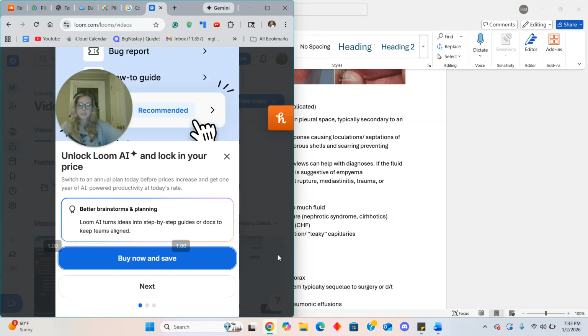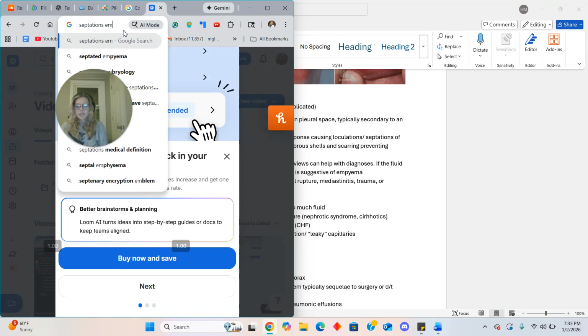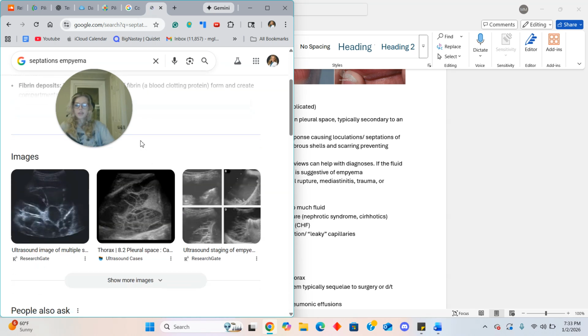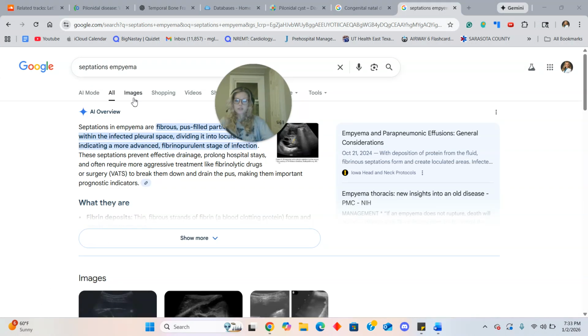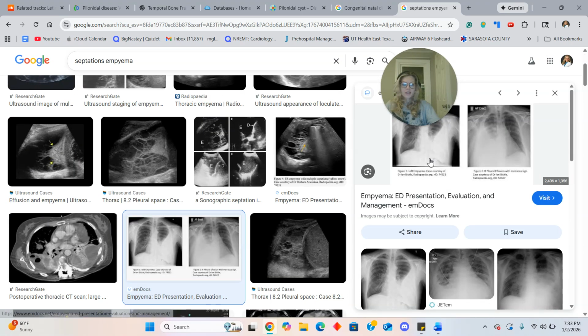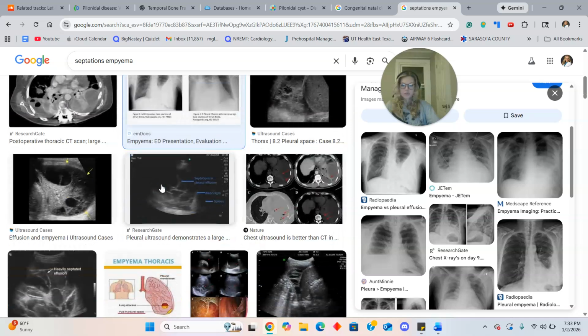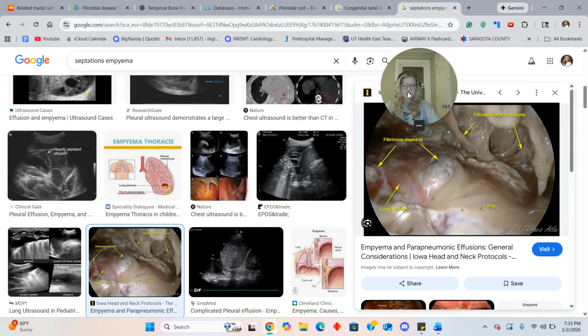And what do I mean by septation? So I'm going to show you. Septations, empyema, stuff like that. It's this stuff, so you can actually see this. It's this fibrous material, right? And it's pretty pronounced on a chest x-ray if there's empyema. Look at this, it's a gross picture.